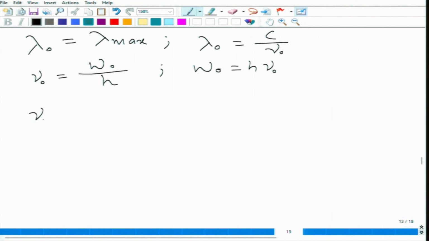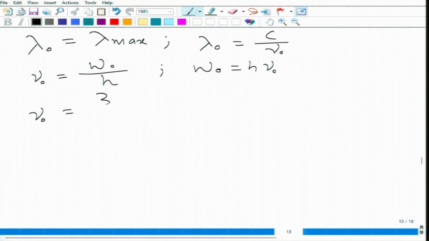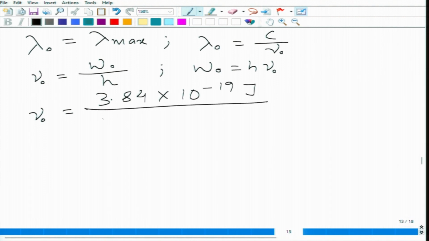So nu naught equal to 3.84 into 10 to the power minus 19 joule by 6.626 into 10 to the power minus 34 joule second. We cancel out joules and we get nu naught. So if we directly put the value, lambda naught is equal to C by nu naught.